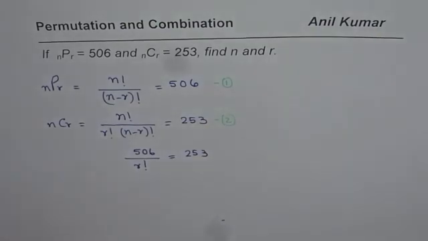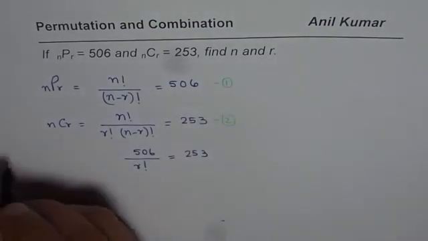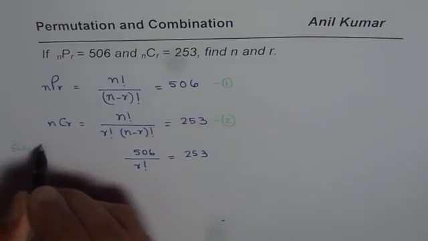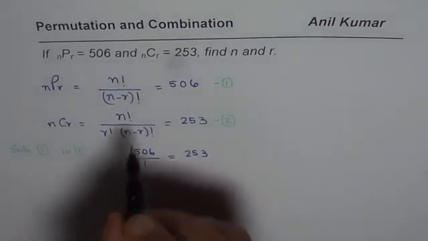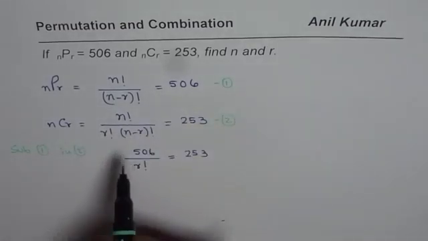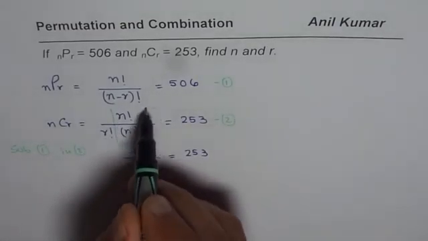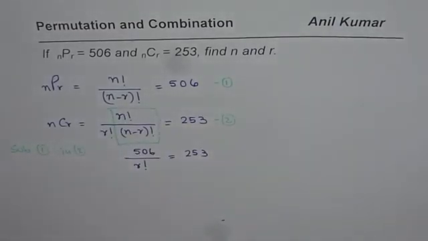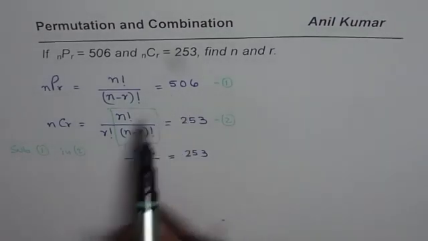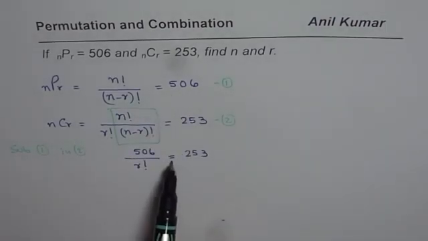You see that? So I substituted 1 in 2. So we substituted this value of 506 for this. Correct? And we get 506 divided by r factorial equals 253.